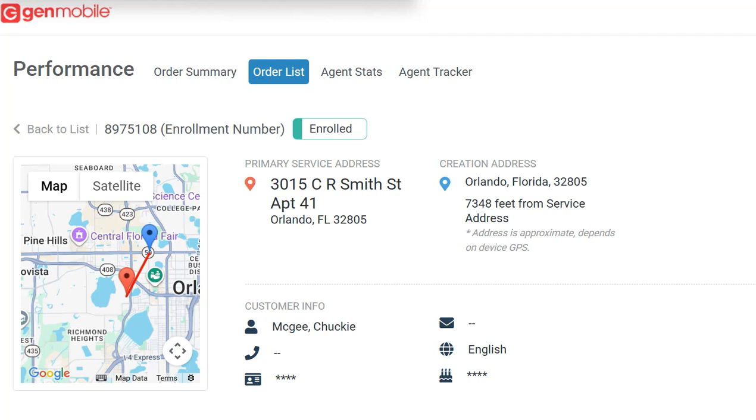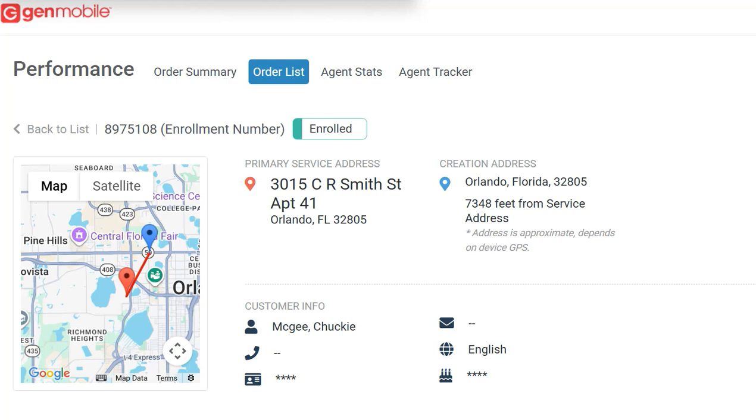He is at an address in Orlando. That's the little blue pin drop. That's where Seamus is sitting when he is processing this activation. They can zoom in on that and see exactly where he's sitting. It'll give coordinates and stuff, and then it'll show the distance from the service address.